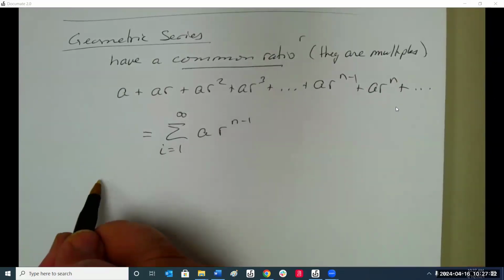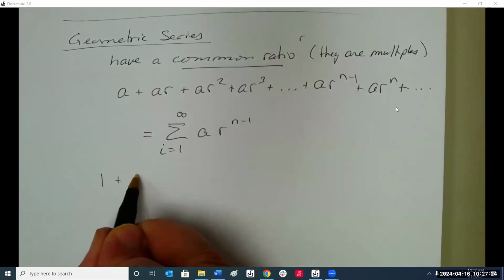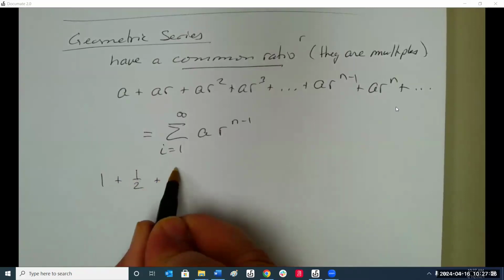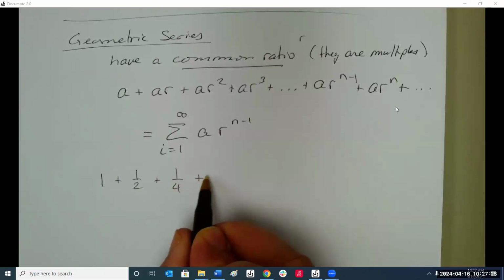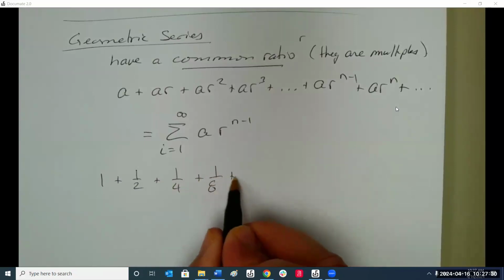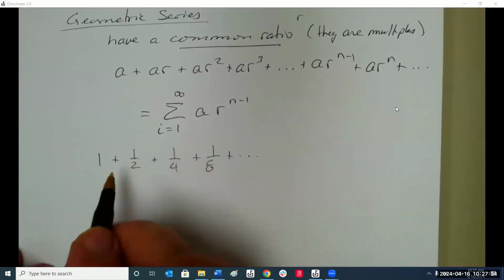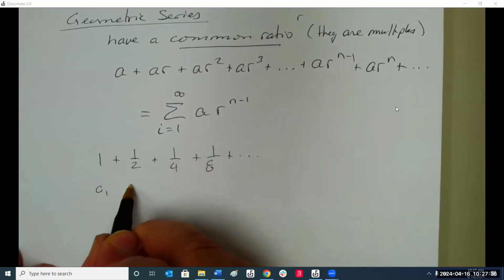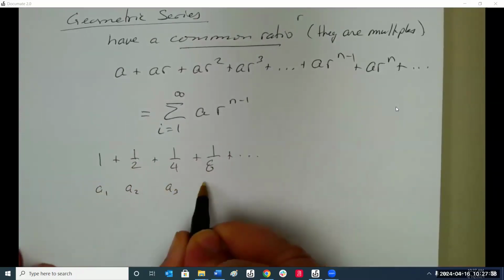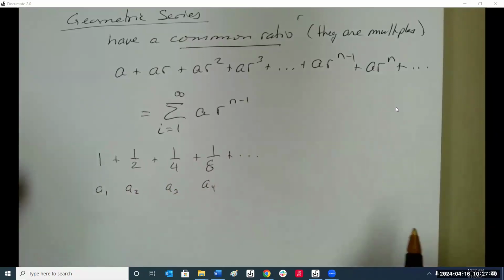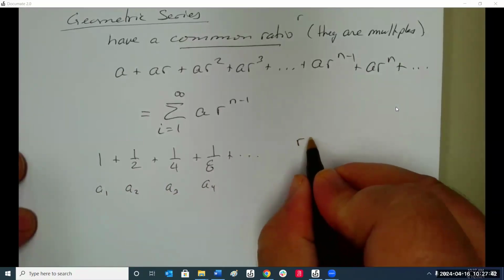For example, if we had the sequence we just had, 1, 1/2, 1/4, 1/8, so this is a1, a2, a3, a4. We look for a common ratio.